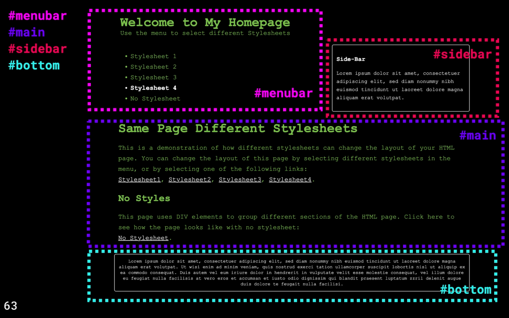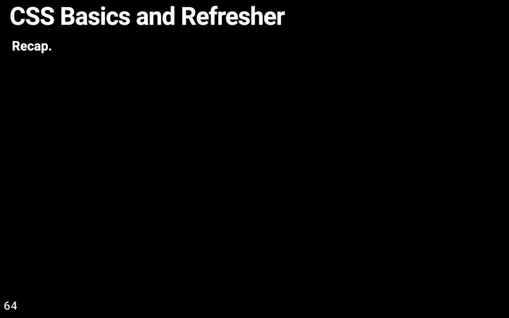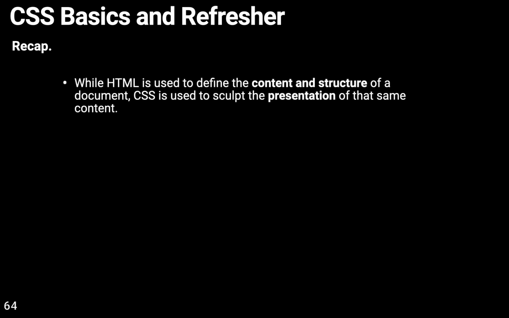Okay, so let's get out of here. What's the recap? HTML is used to define the content and structure of a document. CSS is used to sculpt the presentation of that same content.